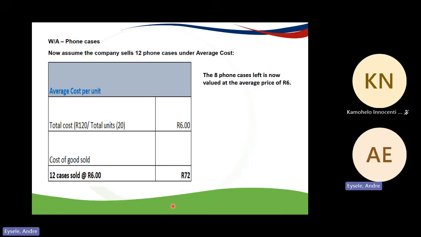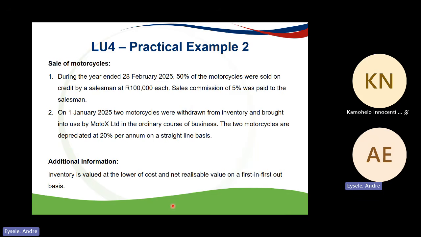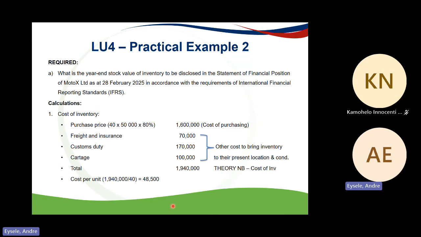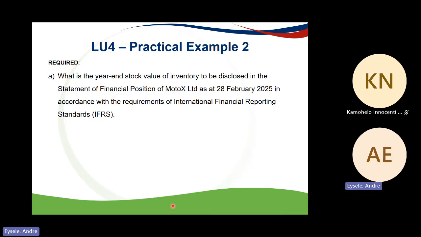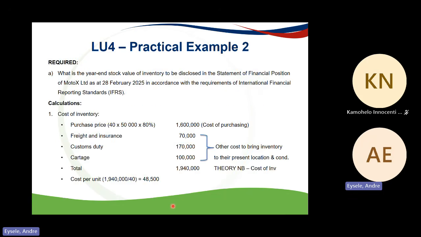Okay. So now we've explained FIFO and LIFO. Sorry, not LIFO. LIFO is non-existent anymore. It's FIFO and the weighted average cost, which are the valuation techniques. I'm not looking at this method. As I said, you need to determine the year-end stock value of inventory that will need to be disclosed in the statement of financial position of Moto X, already on the site. Okay, I gave you the purchase price.